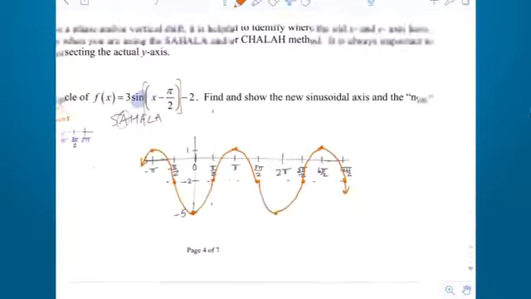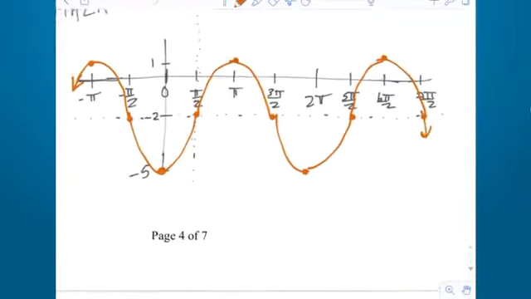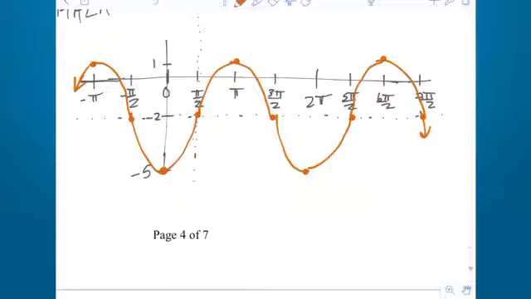All right, so there's the graph. And once you have the graph, I can ask you to do all kinds of things, like what's the range, of course, negative 5 to 1. But what is the location of a local maximum? X equals pi, 3 pi, negative pi, so on and so forth.